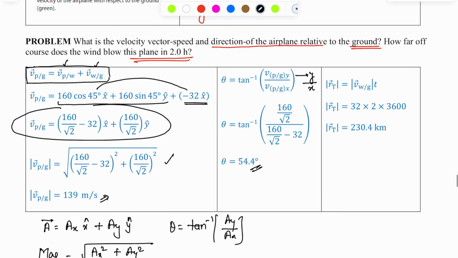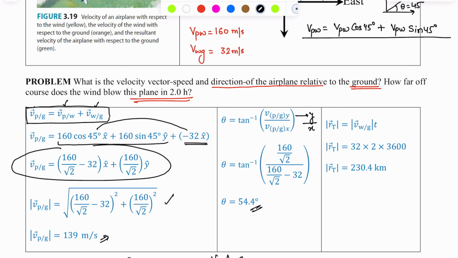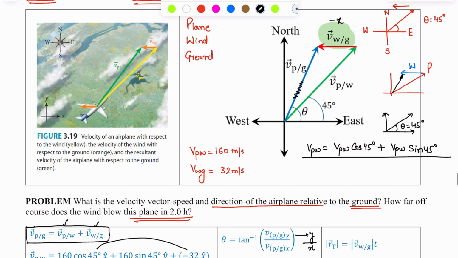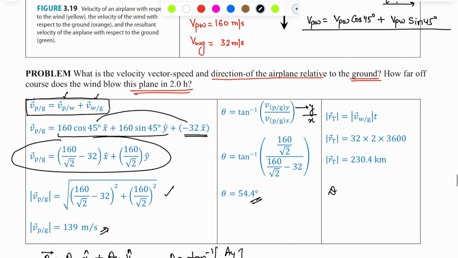Clear? Now what is he asking? How far means how much it shifted. Let's say this is your position A and this is your position B. So how much did you shift? You need to find the distance. Distance equals speed multiplied by time. Whose speed?